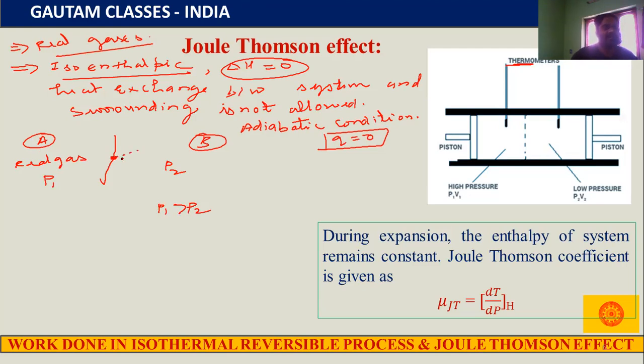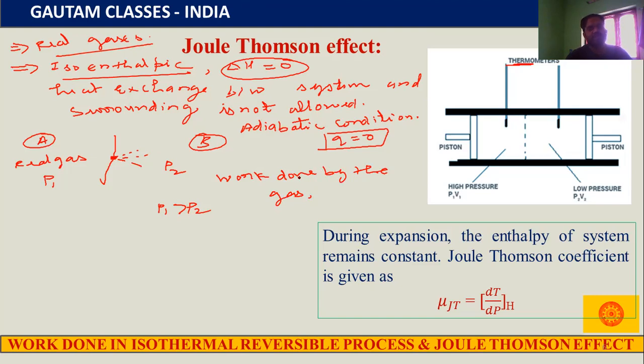It is expanding. Gas is expanding. So if gas is expanding, who is doing the work? Work done by the gas. During the expansion, work is done by the gas. Externally we are not going to supply any amount of energy.